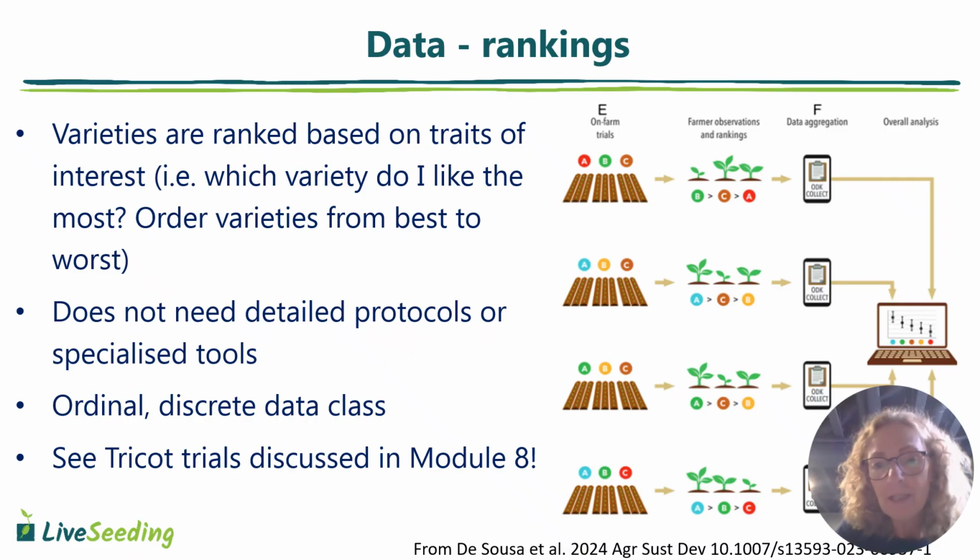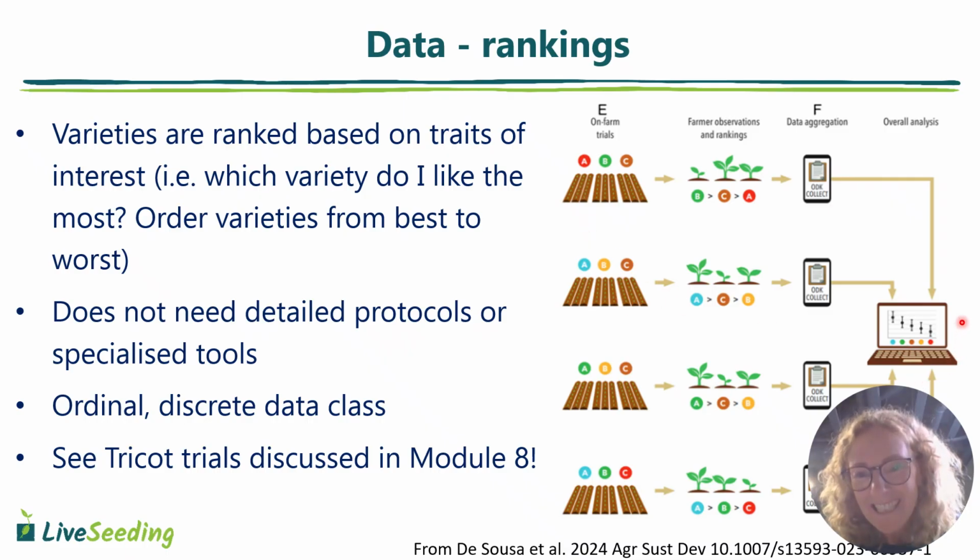And we talked about this a little bit in Module 8 when we talked about those TRICO trials. In that case, farmers are always given just 3 varieties, or it might not be even varieties, 3 treatments it might be, and the farmers are asked to rank those. So that's sort of what's showing in this particular graphic here, that you've got a farmer with, let's say, these 3 treatments, and the colors of the treatments in this graphic.